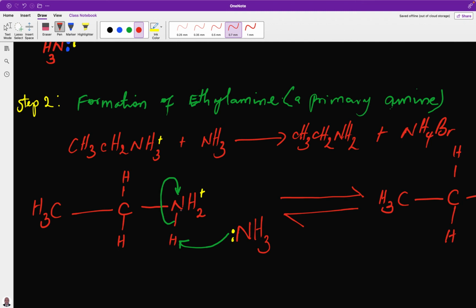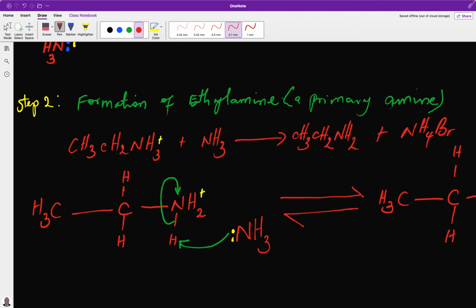This results in heterolytic fission, with the hydrogen going without electrons.